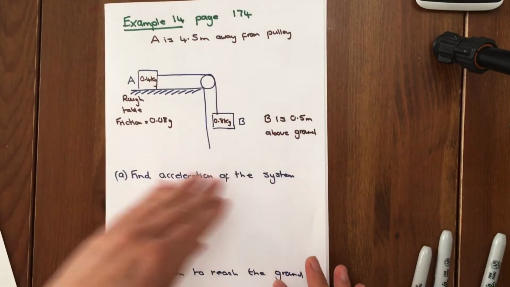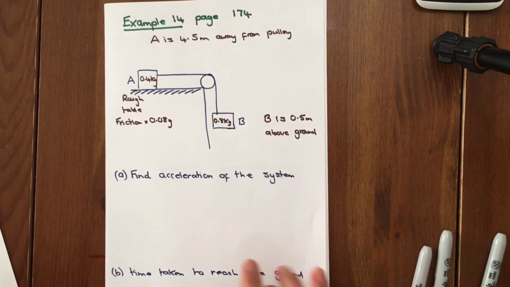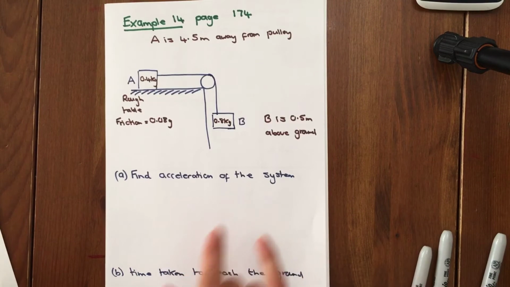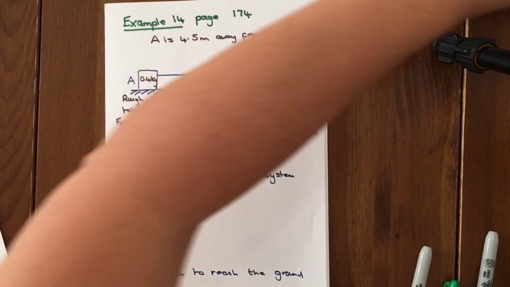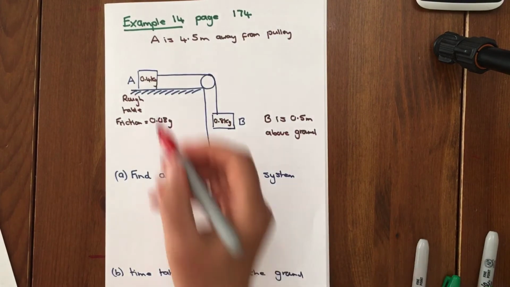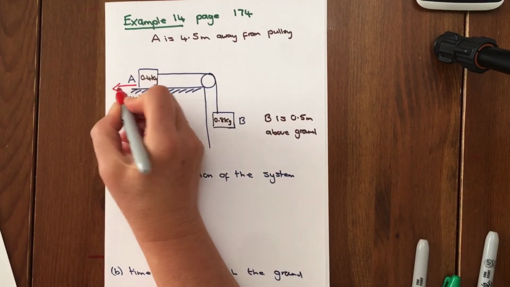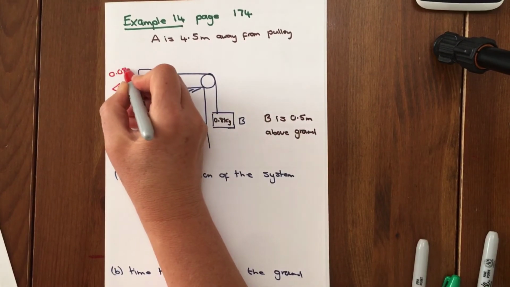Right, so you've read this in the book on page 174, and the first question is you want to find the acceleration of the system. So before we can do this, we need to put in our forces. So we've got friction to motion this way of 0.08 g.